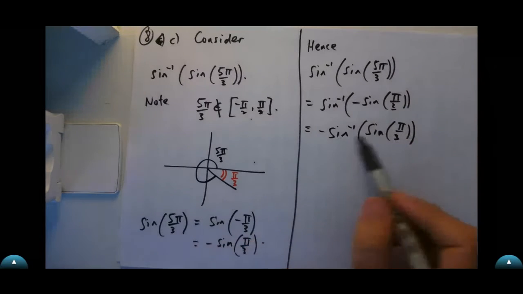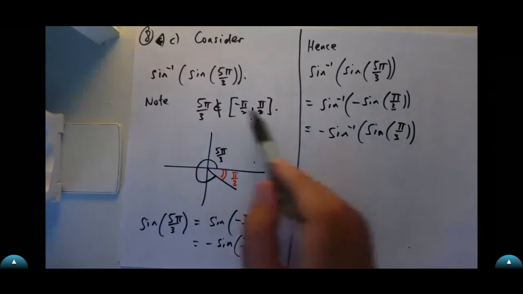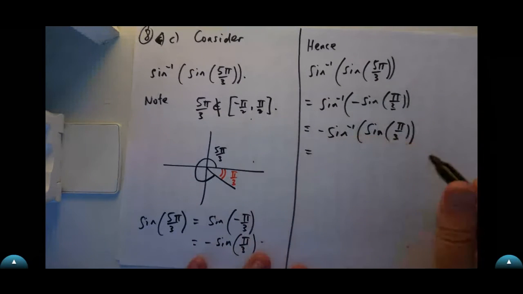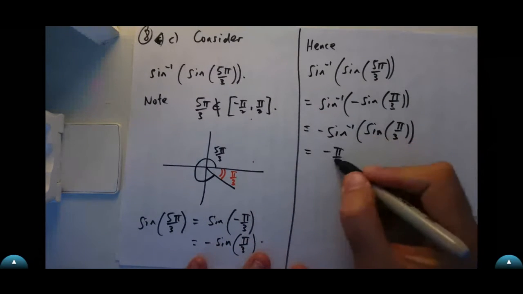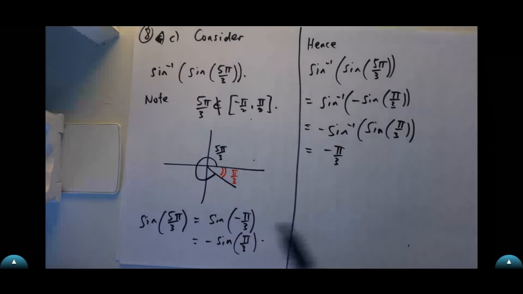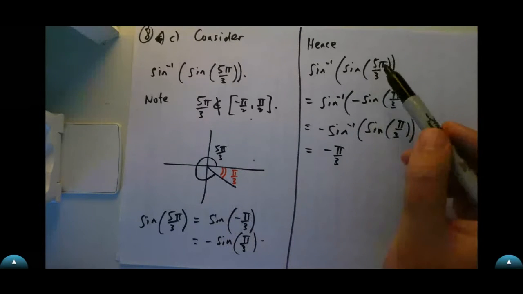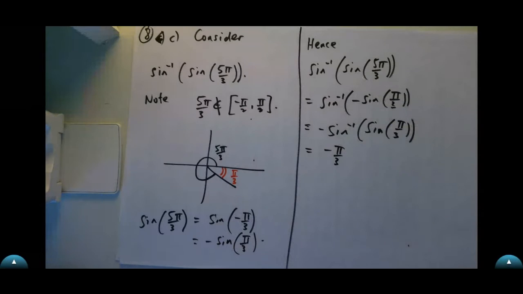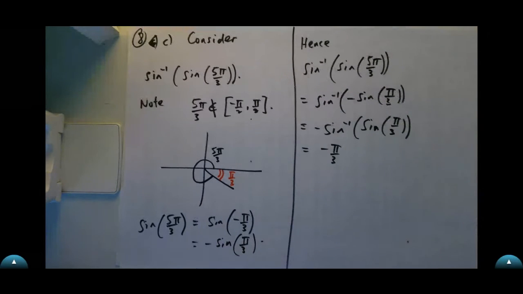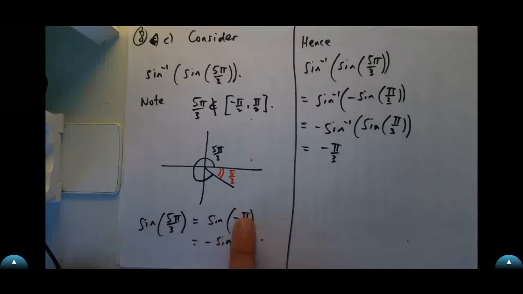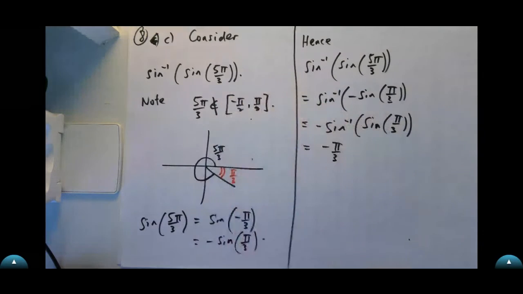And now, oh my goodness, we're all lined up. That is in this interval, and it's just going to be negative pi on 3. Now, you probably could have just gone from there, put that into there, and then the signs would have cancelled out. That would have been a faster way to do it. But the most important thing is to look for when this angle is in this interval for sine inverse.